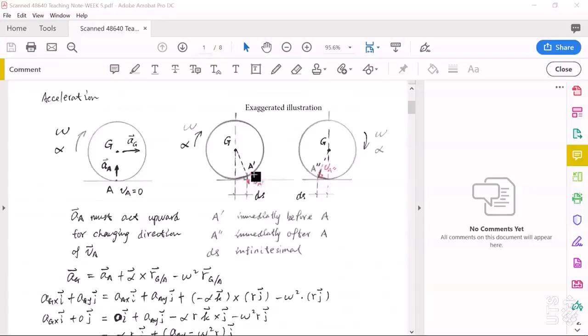But here, VA prime is directed downward. Because the distance from A prime to A is equal to the distance from A double prime to A, and A is the IC point, the magnitudes of VA prime and VA double prime should be the same. But their directions are opposite.